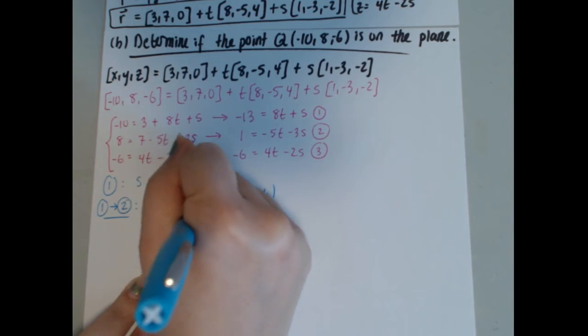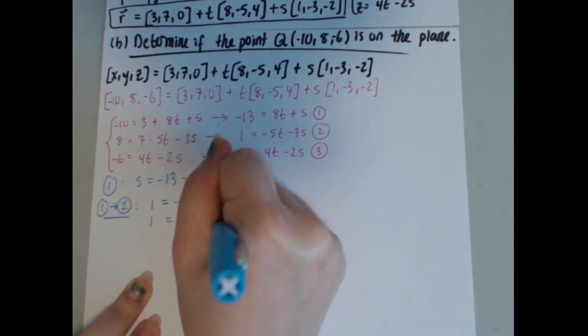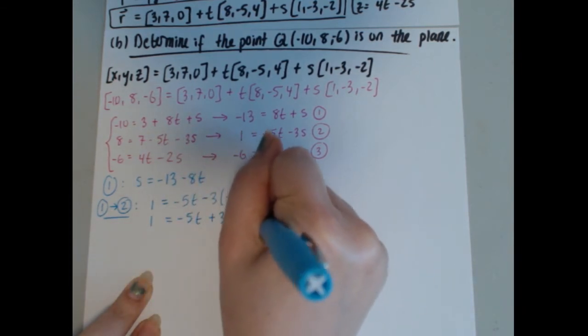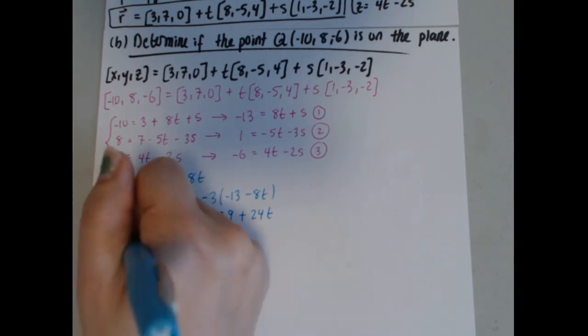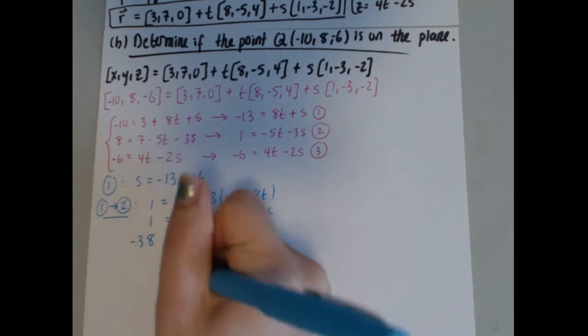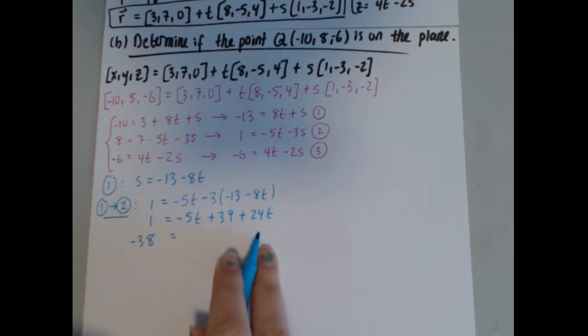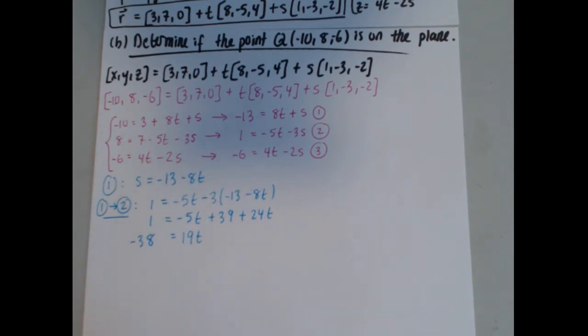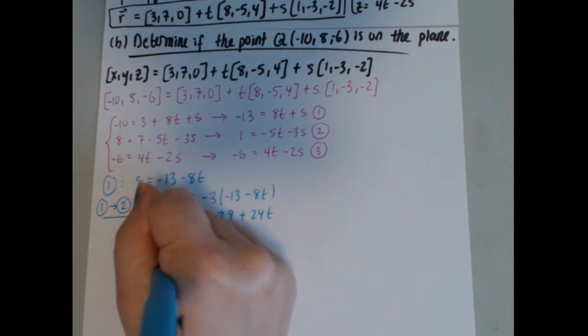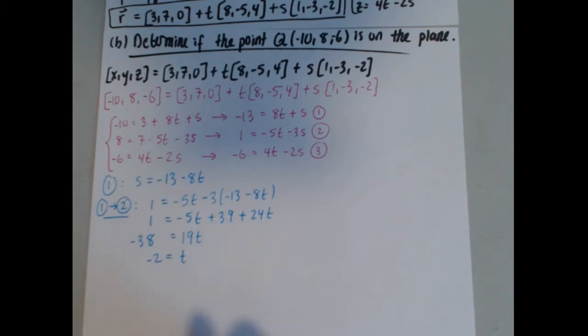So 1 is equal to -5t plus 39 plus 24t. Now you can collect your like terms. I have 1 minus 39, that's -38. -5t plus 24t, that's 19t. 19 times -2 is -38, so t is equal to -2.